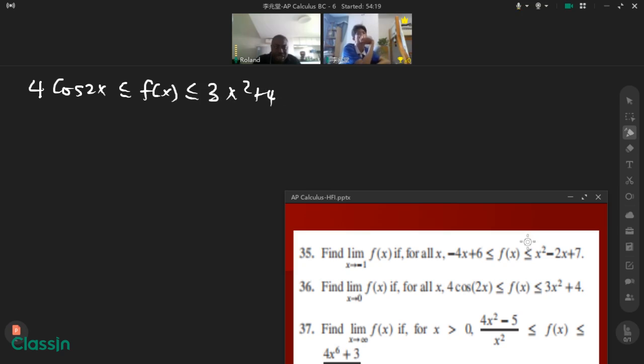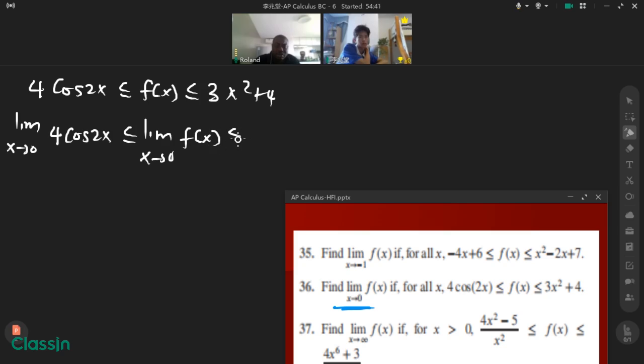We want the limit as x approaches 0. Now, if we take the limit throughout, the limit as x approaches 0 of 4 cosine 2x will be at most the limit as x approaches 0 of f of x, which will be at most the limit as x approaches 0 of 3x squared plus 4.